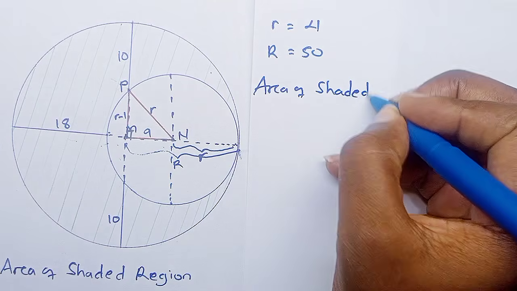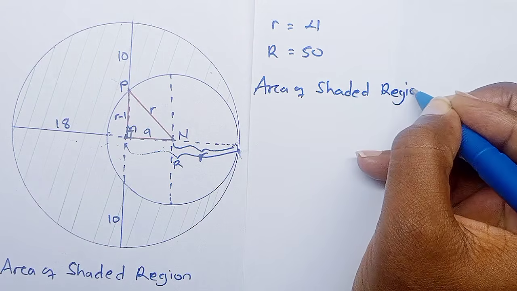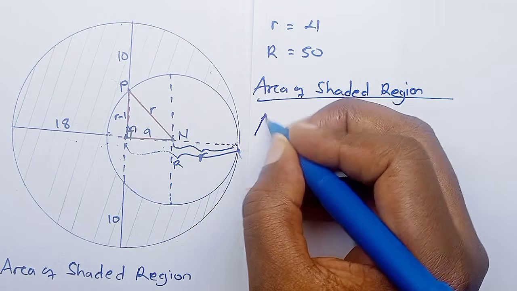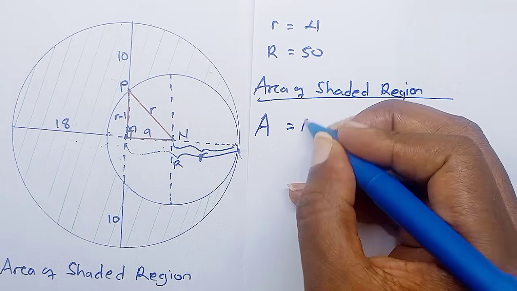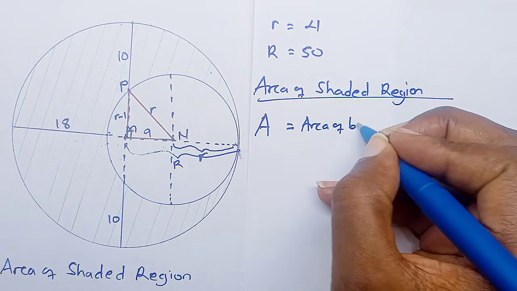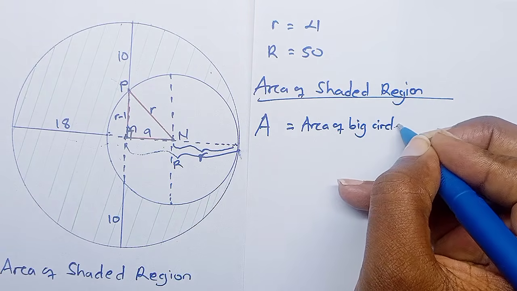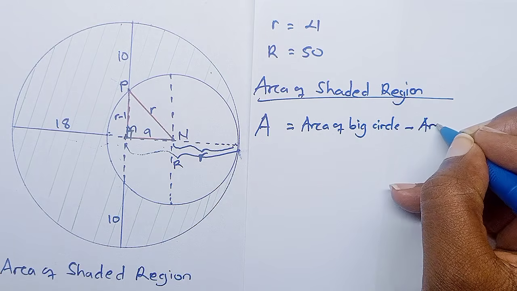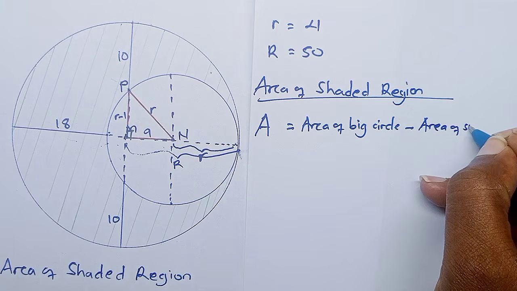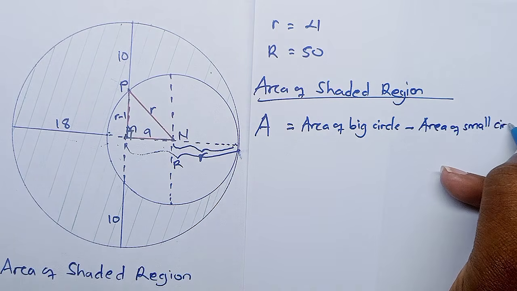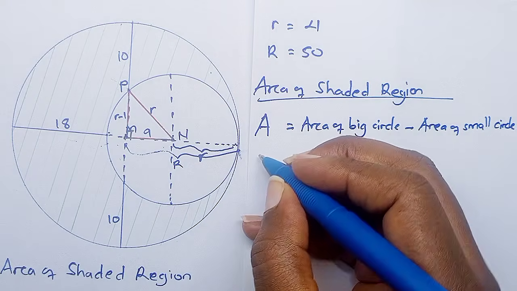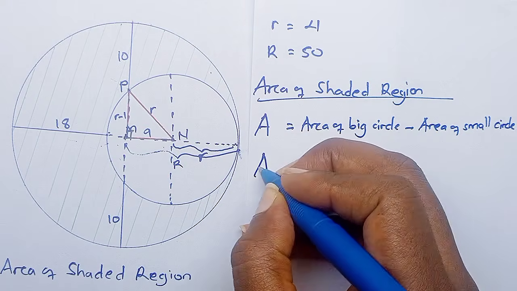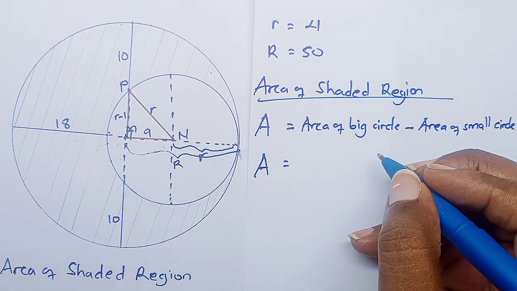So area of shaded region is equals to area of big circle minus area of small circle. Okay? We know that area of a circle is given by pi r squared.